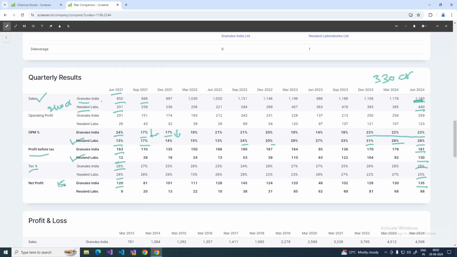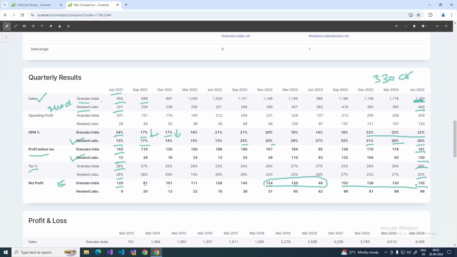And one more thing, here they have more fluctuations: 120 to 181, 120 to 81, 81 to 101, 101 to 111, 128, 145, then a decrease, 145 to 124, 124 to 120, 120 to 48. So here a decrease. Then 48 to 102, 102, 126, like that. Here it's increasing. So they have more fluctuations.